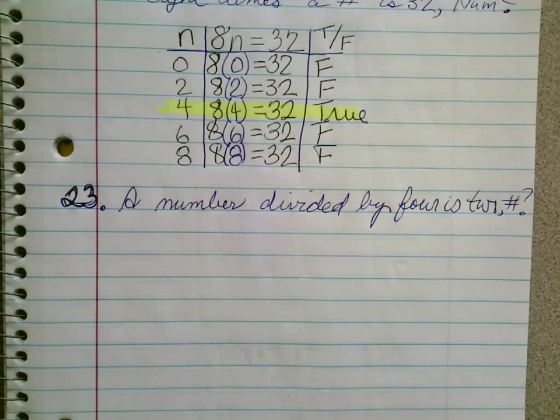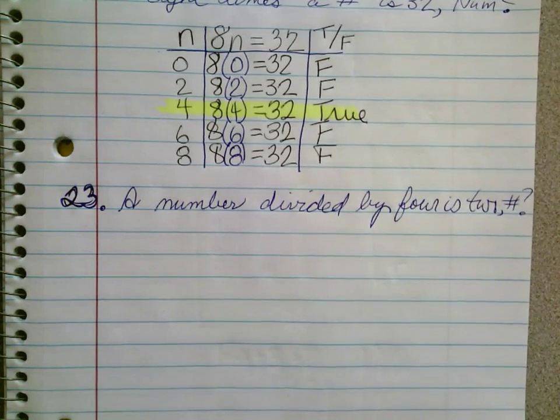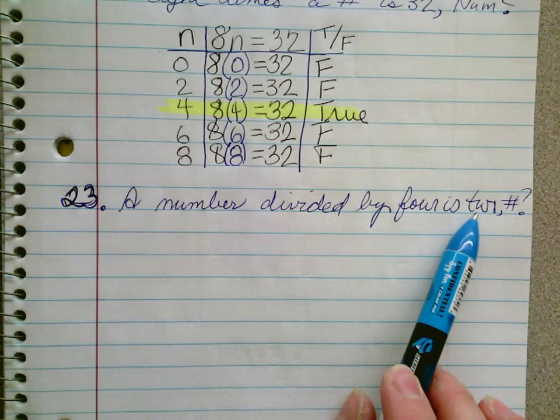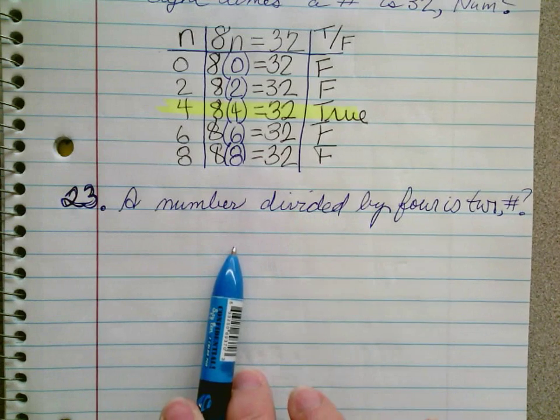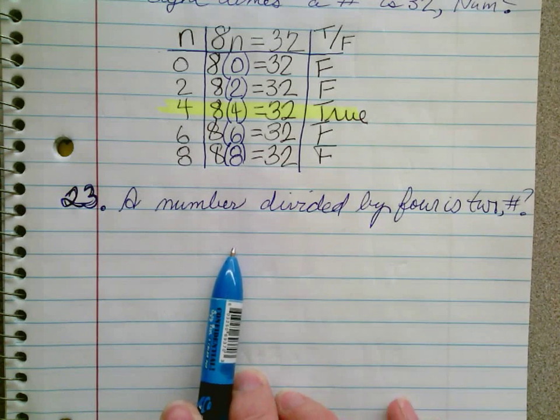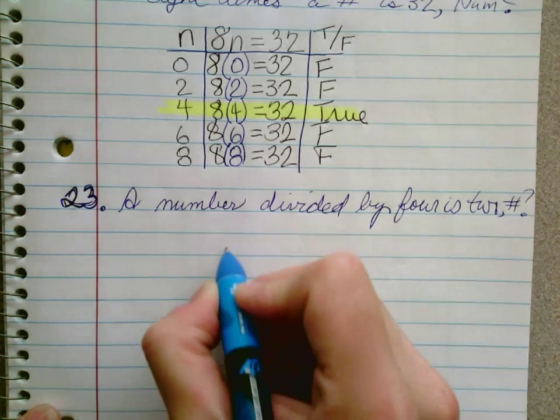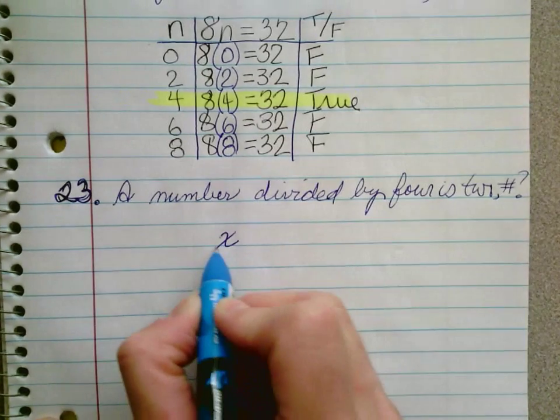What's the number? So Eli, what do you think would be a good variable equation that would indicate this scenario? A number, what would you say for a number? X, Q, Y, Z, pick a letter. Good. Divided by 4, how would you indicate that using symbols and numbers? Yep, but we're not using that anymore.